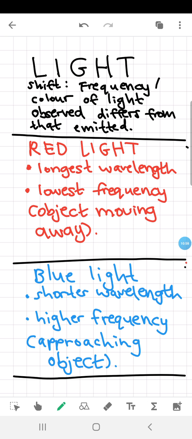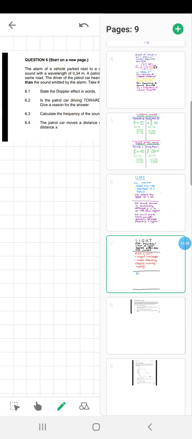Not only because most galaxies in the universe are moving away from Earth, but also because the universe itself is expanding. If we are constantly seeing redshift, and redshift means objects are moving away, then that means that the universe is expanding. So that is all the theory you need to know on Doppler effect. Let us go into a question.